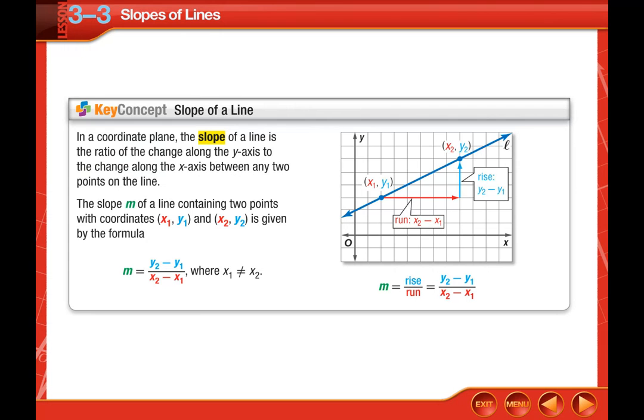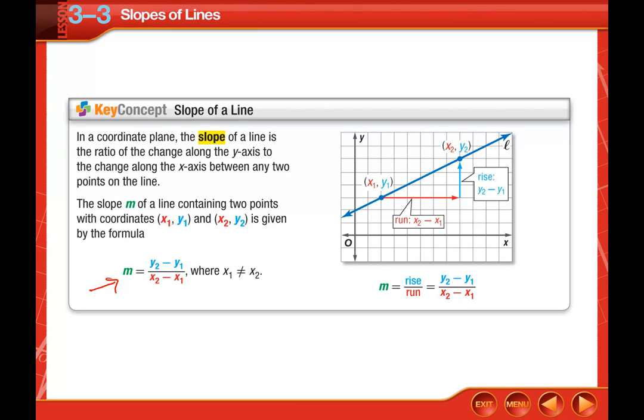So if we have a coordinate plane, such as this grid with an x-axis and a y-axis, the slope of the line is the ratio of the change along the y-axis to the change along the x-axis between any 2 points in the line. So they give a formula here that m, which stands for the slope, is equal to y2 minus y1 divided by x2 minus x1.